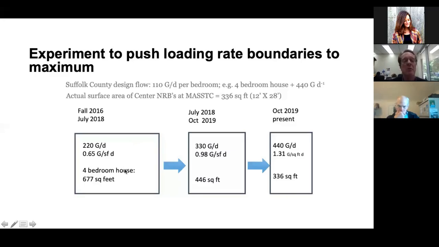So for 440 at this 0.65 gallons per day loading rate, you'd have to build a system that's 677 square feet. And our early installations in Suffolk County used 0.75 gallons per square foot per day, so very close to that. But we wanted to see, could we load greater than that?